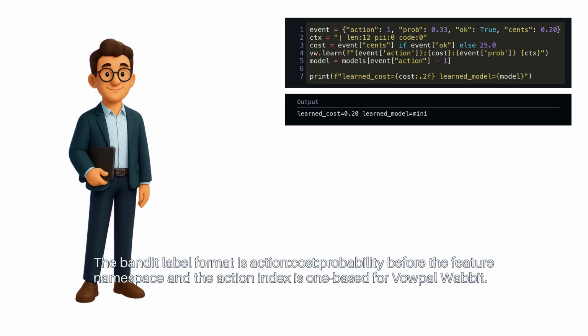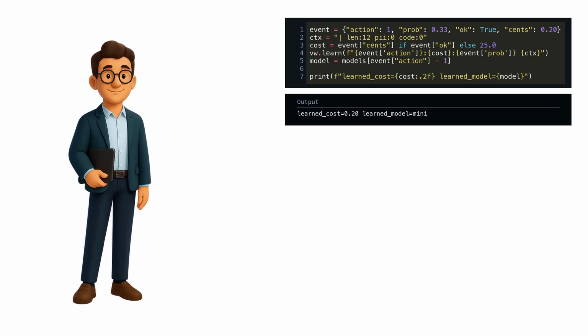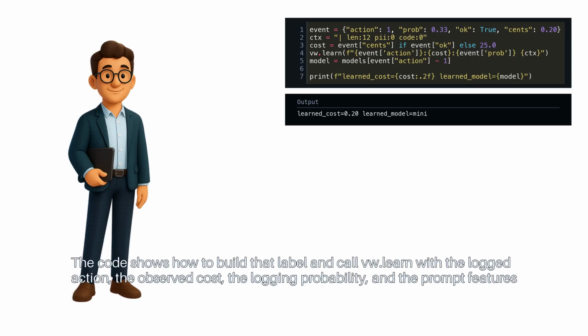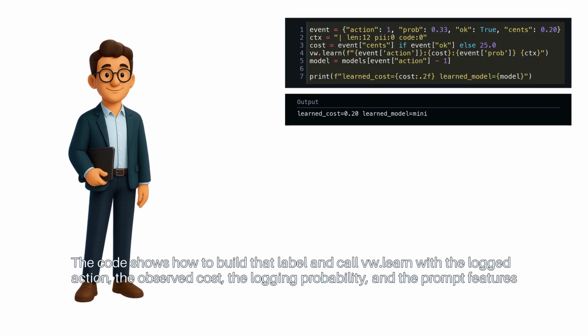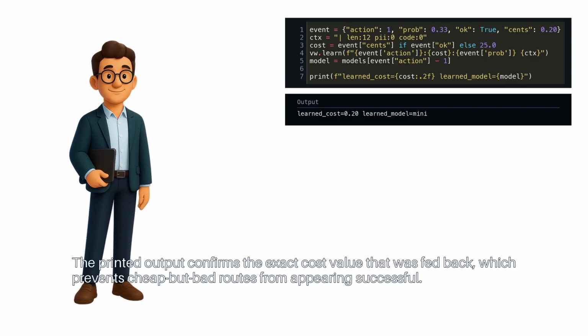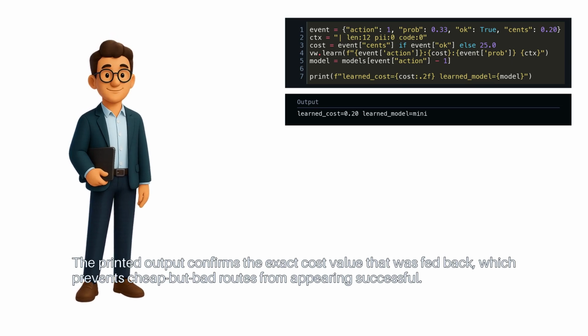The bandit label format is action, cost, probability before the feature namespace, and the action index is 1 based for Vowpal Wabbit. The code shows how to build that label and call VW learn with the logged action, the observed cost, the logging probability, and the prompt features compactly. The printed output confirms the exact cost value that was fed back, which prevents cheap but bad routes from appearing successful.